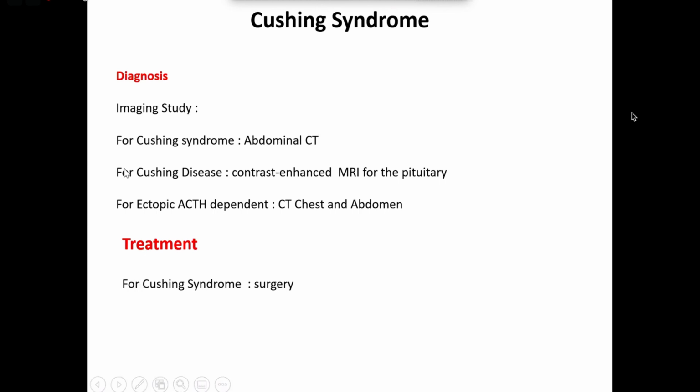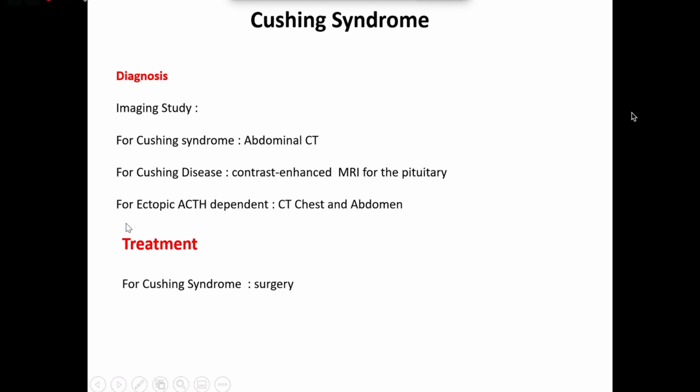After we diagnose Cushing syndrome, the next step is imaging. If it is Cushing syndrome, the next step is an abdominal CT scan to localize the adrenal adenoma. Is it right or left? For Cushing disease, we order an MRI for the pituitary.